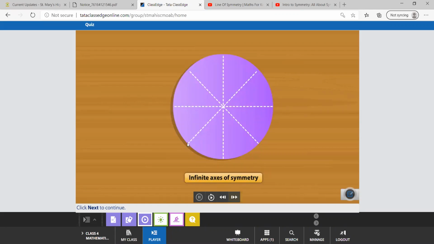When we learn circles, you will learn that any line which is passing through the center and touching both the two ends of a circle, that line is called a diameter. So you can draw uncountable diameters in a circle, and there are infinite axes of symmetry in a circle.